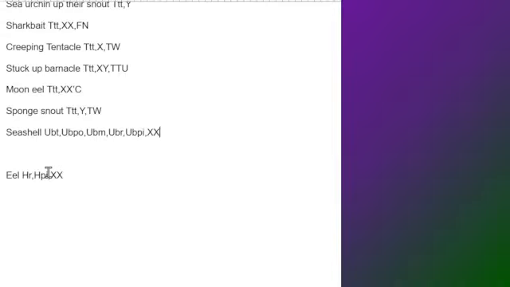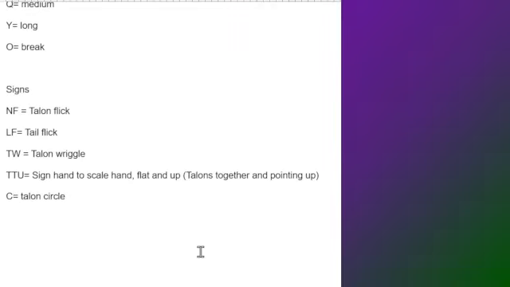And talons on chest is, I guess, going to be TC. I'm going to make some stupid decision while coming up with notation. At one point, I'm going to hate it, but for now, so yeah.